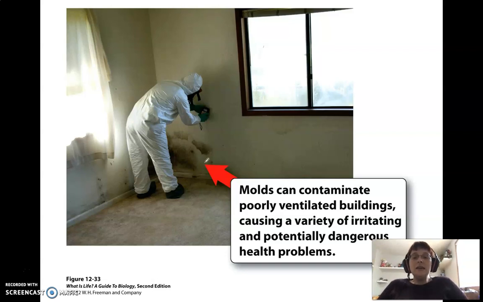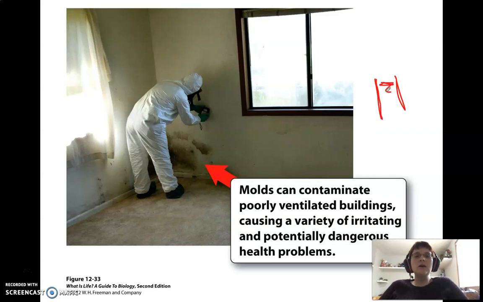So what are they eating? Because they are decomposers, the poor ventilation is building up moisture for them, but what are they eating? Well, in this instance, what they're eating is the paper that is part of the drywall. You may not be familiar with drywall, but drywall is two sheets of paper that surround mineral.